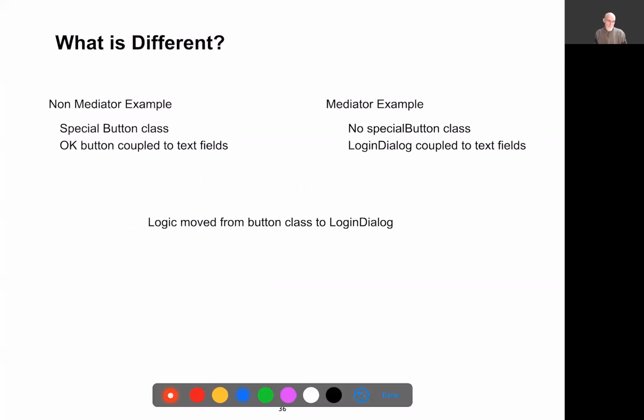Right, so instead of creating special buttons, there are no special buttons, and the mediator gets notified when the OK button is selected, and then interacts with different colleagues to get work done.